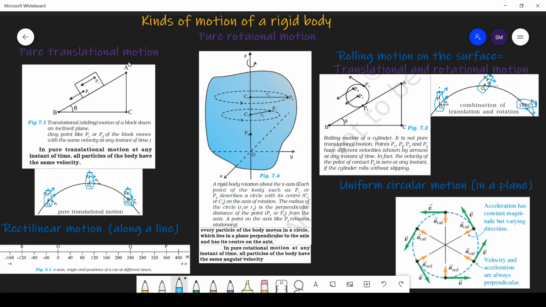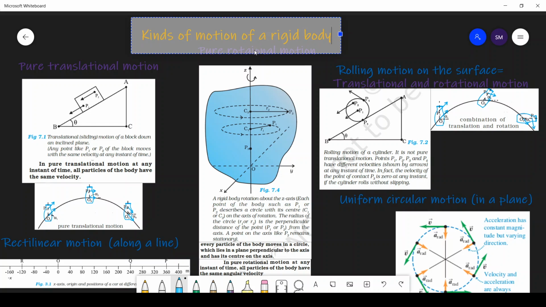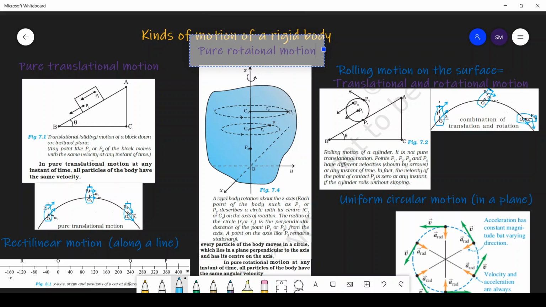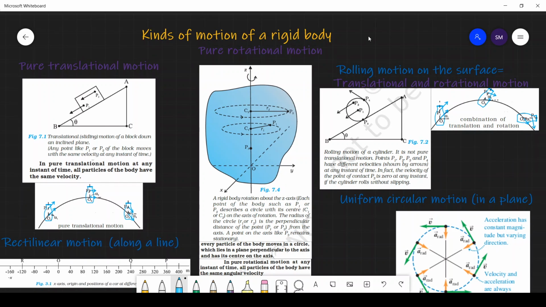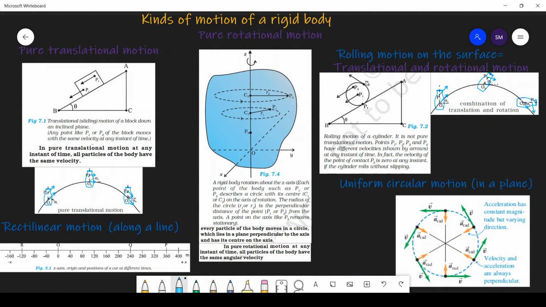So this is what we have studied in this chapter: pure translational, pure rotational motion and rolling motion, which is a combination of translation as well as rotation.